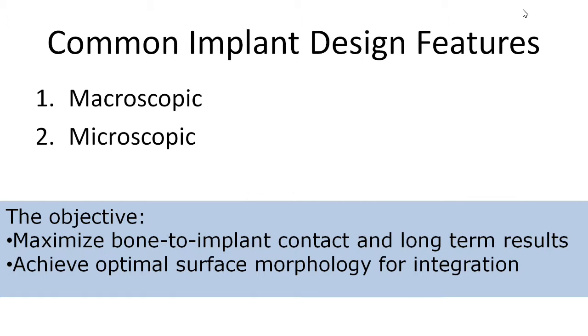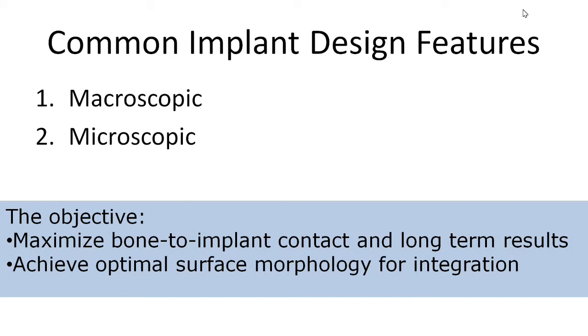Well, the objective of the design process is to deliver an implant which maximizes the bone to implant contact and has stable long-term results in terms of function and safety to the patient. We also want the surface of the implant at the macroscopic level and the microscopic level to promote osseointegration, that is the attachment of bone.